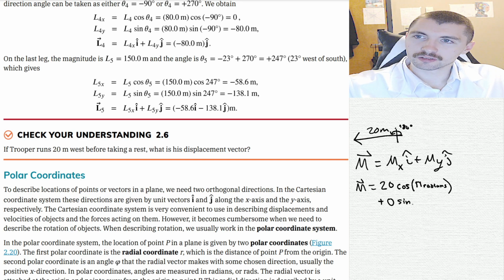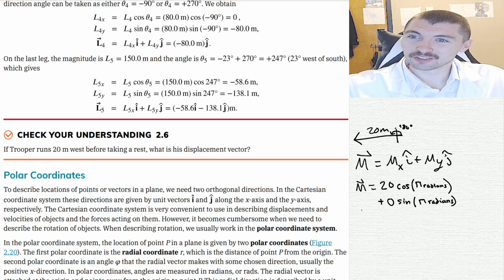Sine. Is it the same angle? I think it's the same angle. So 0 times it, well, it doesn't matter, but I'm just kind of scared. I'm going to say pi radians as well. I know it's going to be 0 either way.